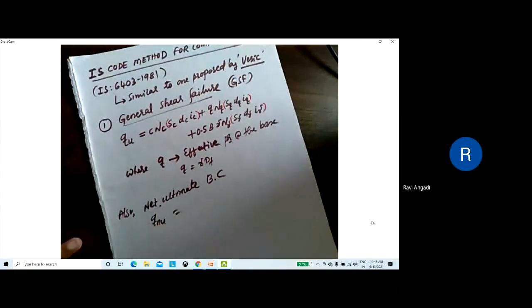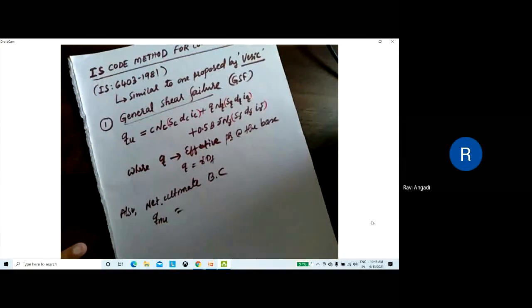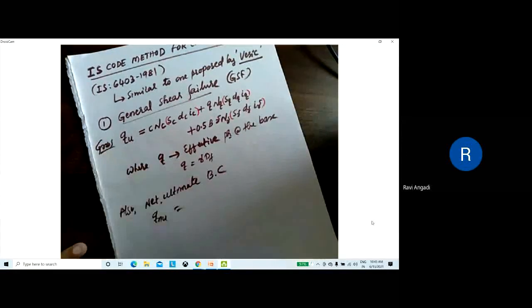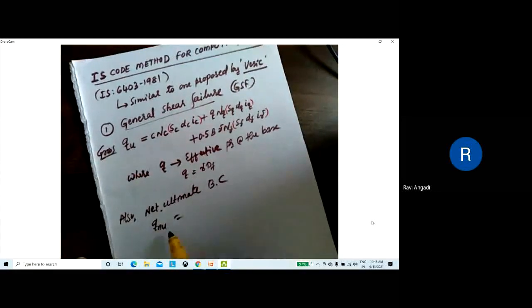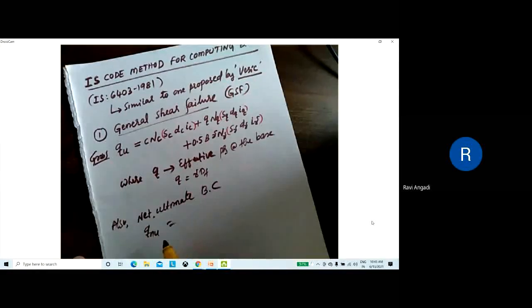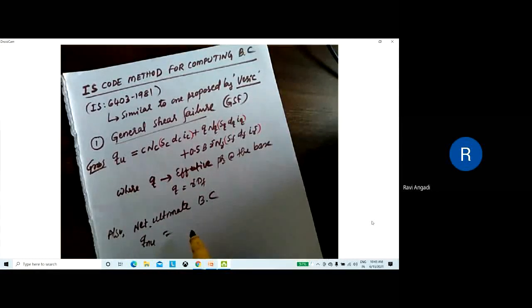This is the gross ultimate. Can you tell me how to write qnu? Still you are not telling. I think in your previous class you have not taken the formulas: net ultimate bearing capacity, gross ultimate.